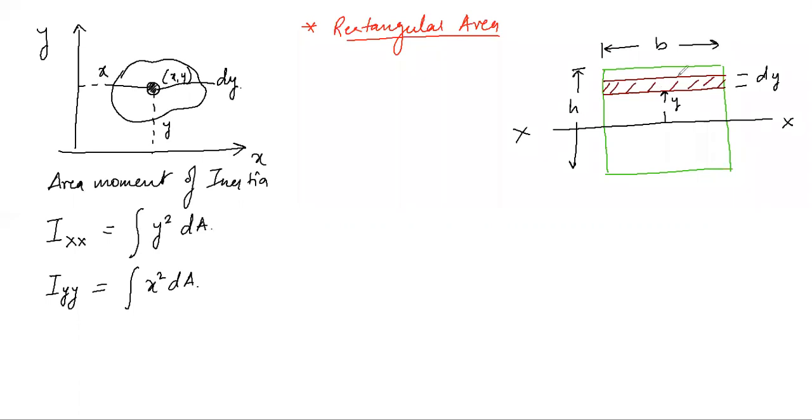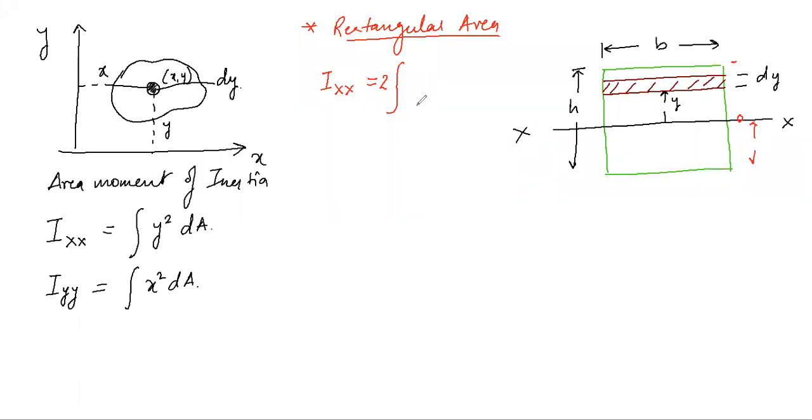Now you can see in this case, you have to find the moment of inertia about the x-axis. Can I write this equation as Ixx equals the integration, from this point to this point? Here we take 2 times, because we take both sides, and both are mirror images of each other.